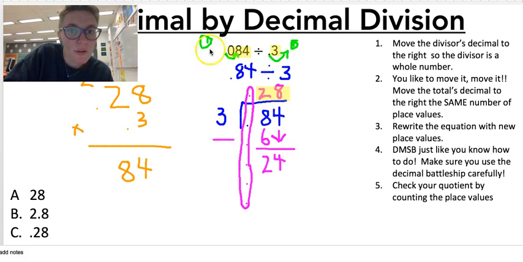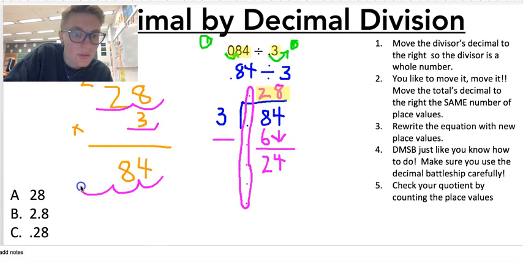But now I need to move it over, not just twice. I actually need to move it over 3 times. 1, 2, 3. So it's 0.084. And that, my friends, matches the original total, which was 0.084. So we know we got it right.